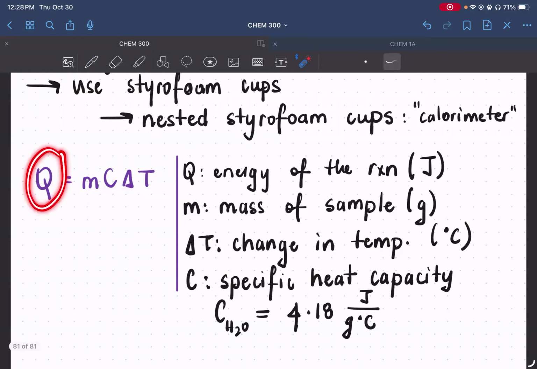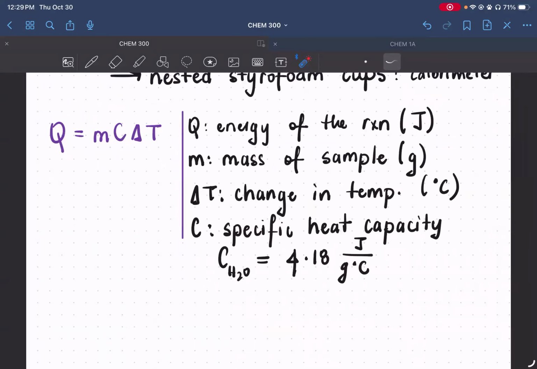To calculate the energy of a reaction, you run the reaction in the styrofoam cup. You measure the mass of your chemicals. You know your constant, and you measure the temperature change with a thermometer. Plug those values in. It's an incredibly straightforward setup to determine the energy of a reaction. Let's see what such a question would look like.